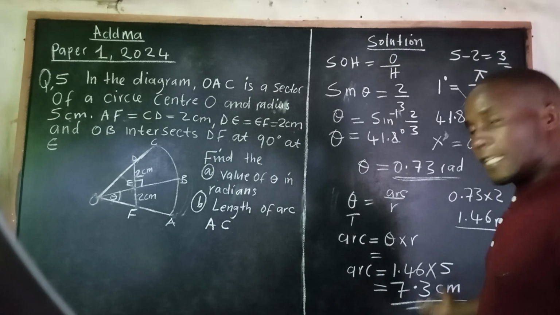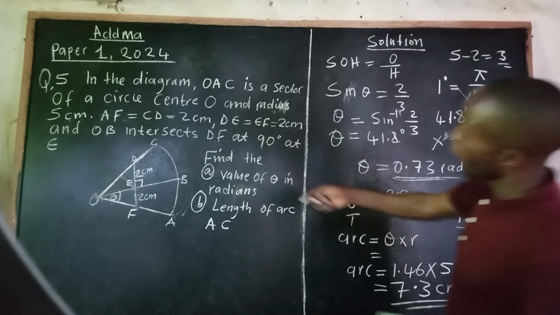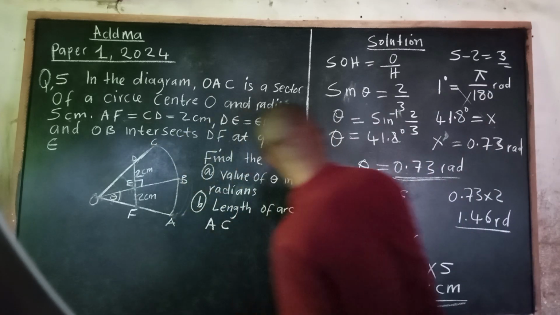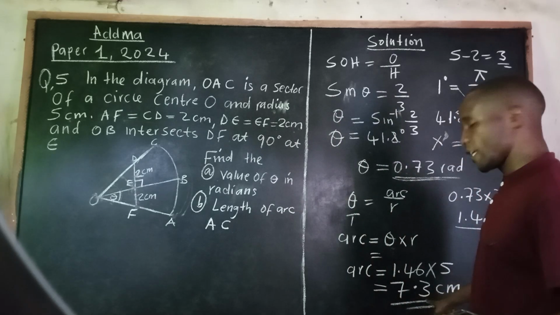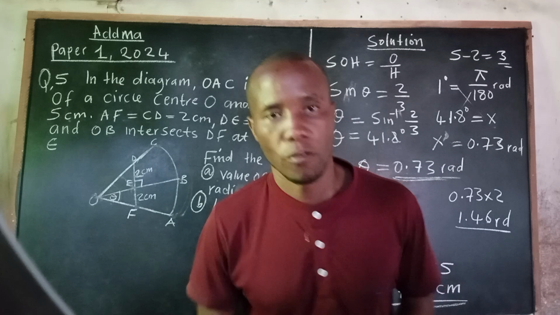So this is how we find the length of an arc. According to the question we are given, the distance from here up to C is 7.3 centimeters.